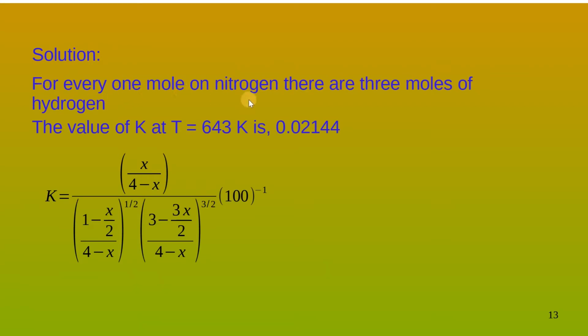For every 1 mole of nitrogen, there are 3 moles of hydrogen which enter the reactor. That is the ratio which is maintained in an ammonia reactor. Now the value of K at temperature 643 Kelvin is 0.02144.